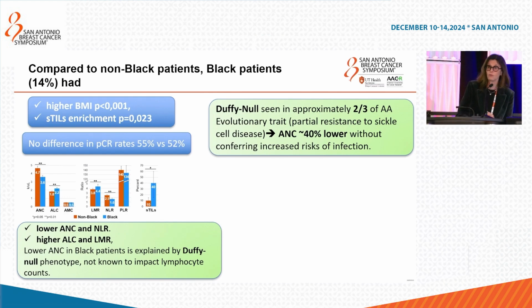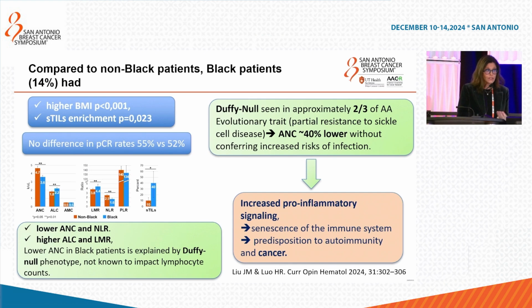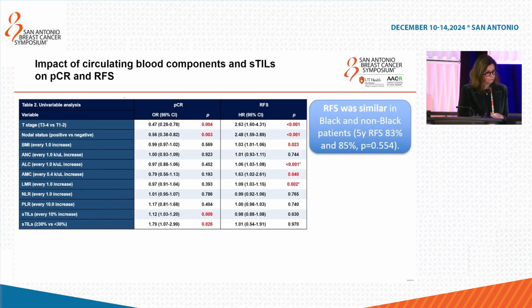It can be a real problem for entering some clinical trials. And now it's very well studied, and it's well known to drive increased pro-inflammatory signaling with senescence of the immune system and predisposition to autoimmunity and cancer.